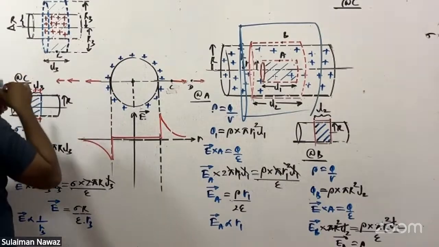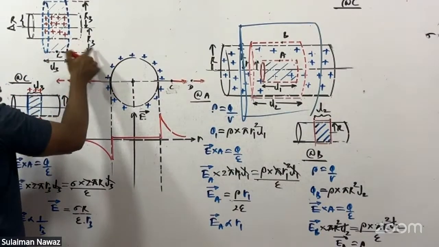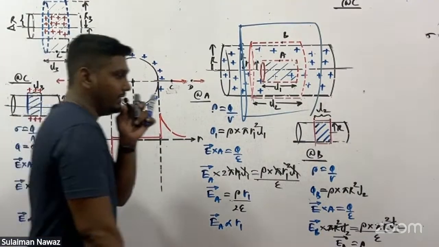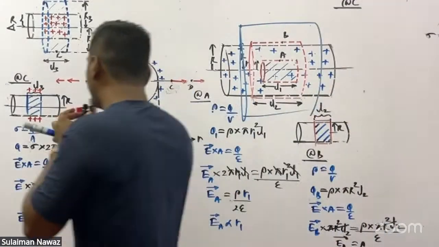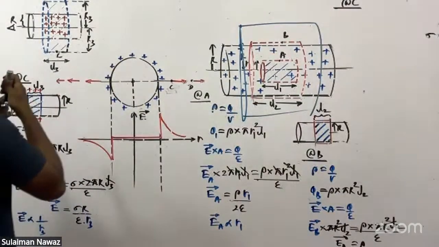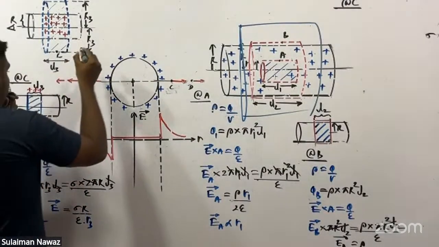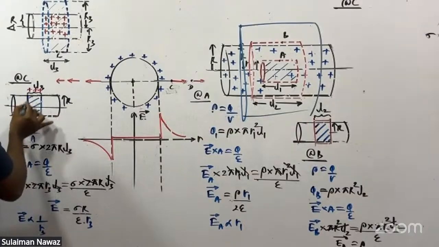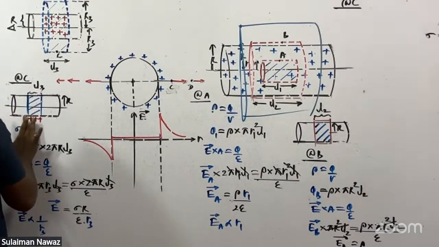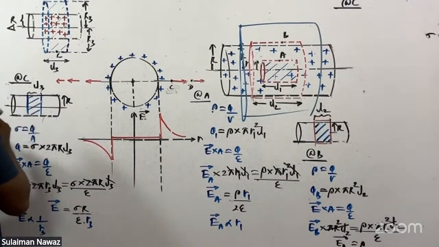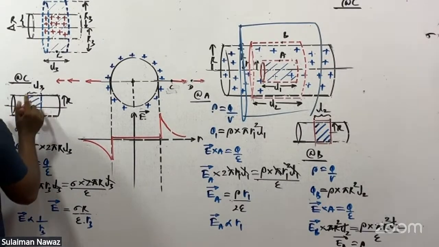Point capital C is R3 distance far from the center of the cylinder. Same story. Find the total charge inside the Gaussian cylinder at point C.